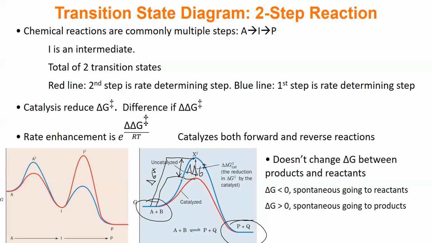So what we're saying is, what's the difference in delta G double dagger if you have a catalyst? That is this energy. You just subtract the two. And with that, we can see how much faster the reaction happens, because that is exponent delta delta G double dagger divided by RT. So that is how a reaction speeds up. We just lower the activation barrier.